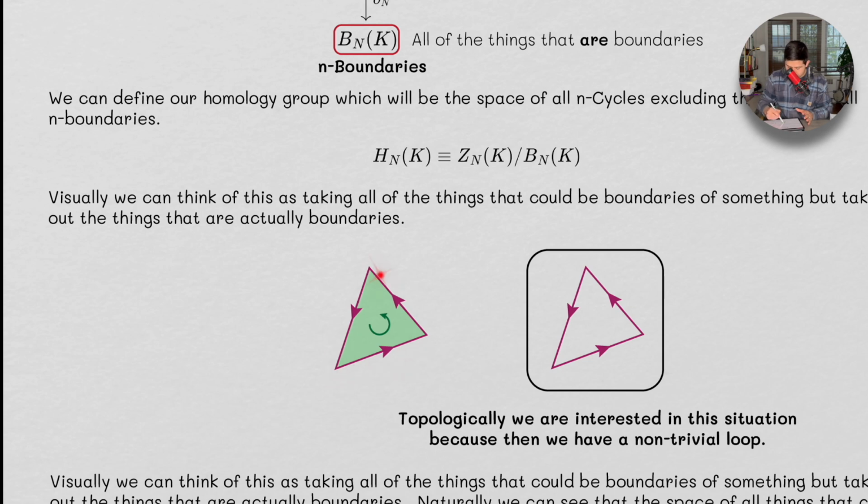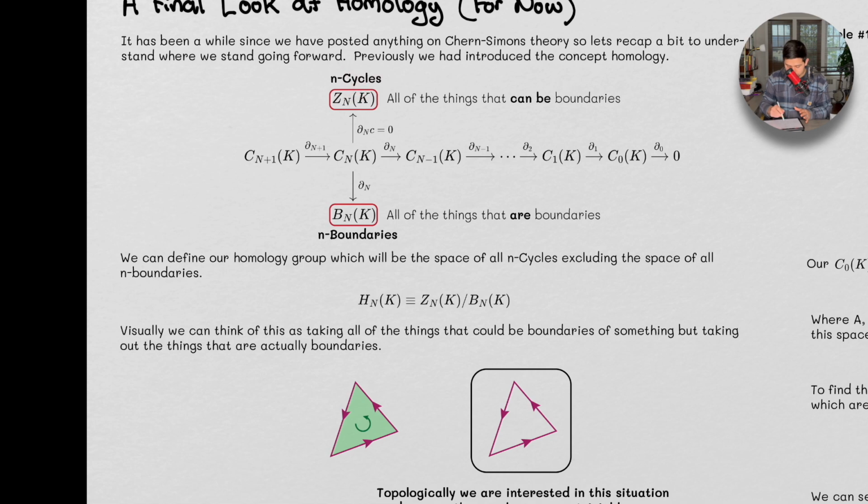We want to be able to find the things that could be boundaries, but are not boundaries of anything. This purple thing is a boundary of this. We want to find things in this space where n is 3 that could be boundaries of something in here, but are not boundaries of anything else.